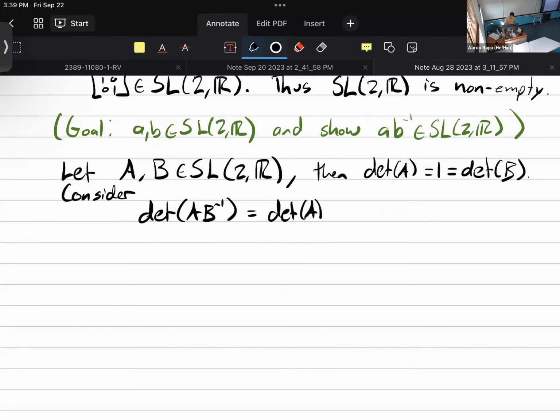This is the determinant of A times the determinant of B inverse. And there's one more thing that I can recall from my linear algebra courses about the determinant of an inverted matrix. How does it relate back to the initial matrix, in this case, B?